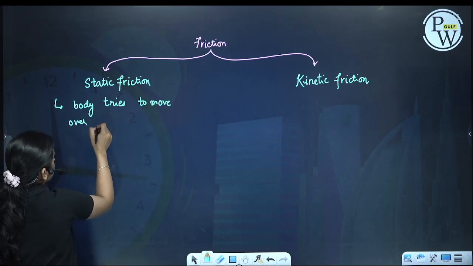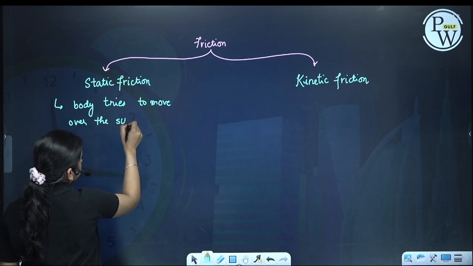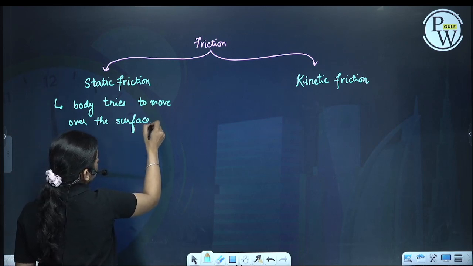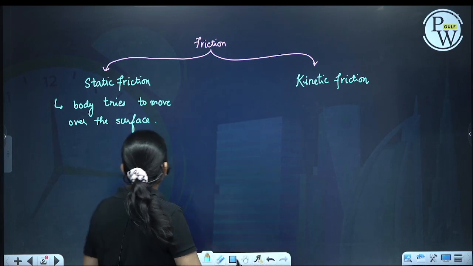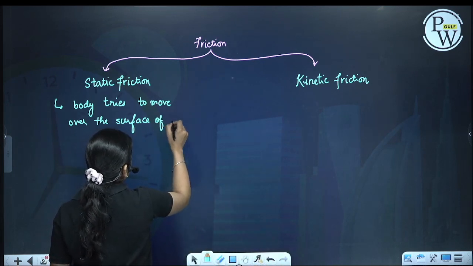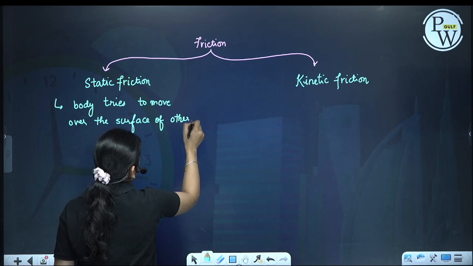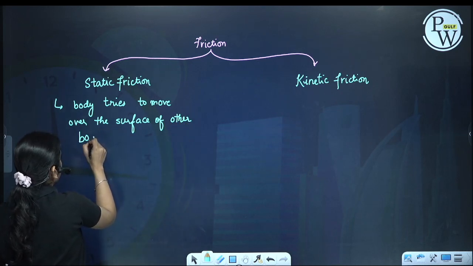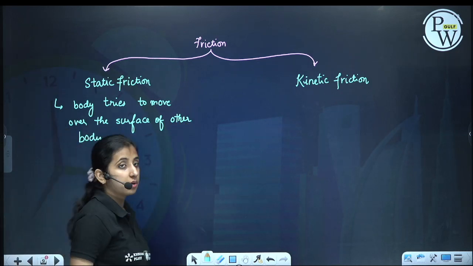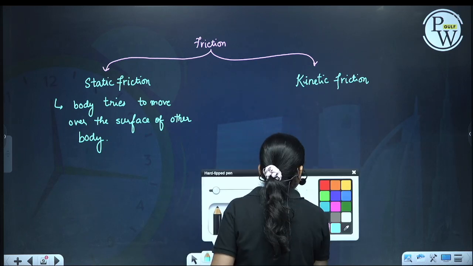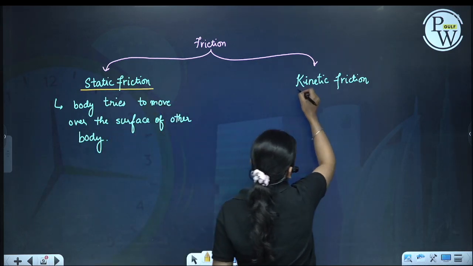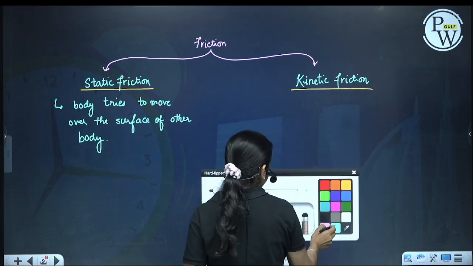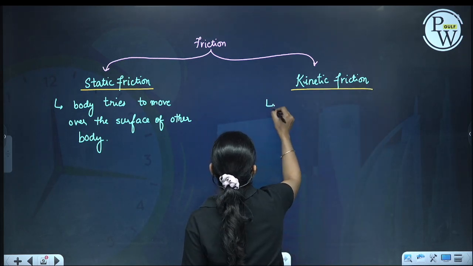The frictional force which comes into place when one body tries to move over the surface of other body is called static friction.